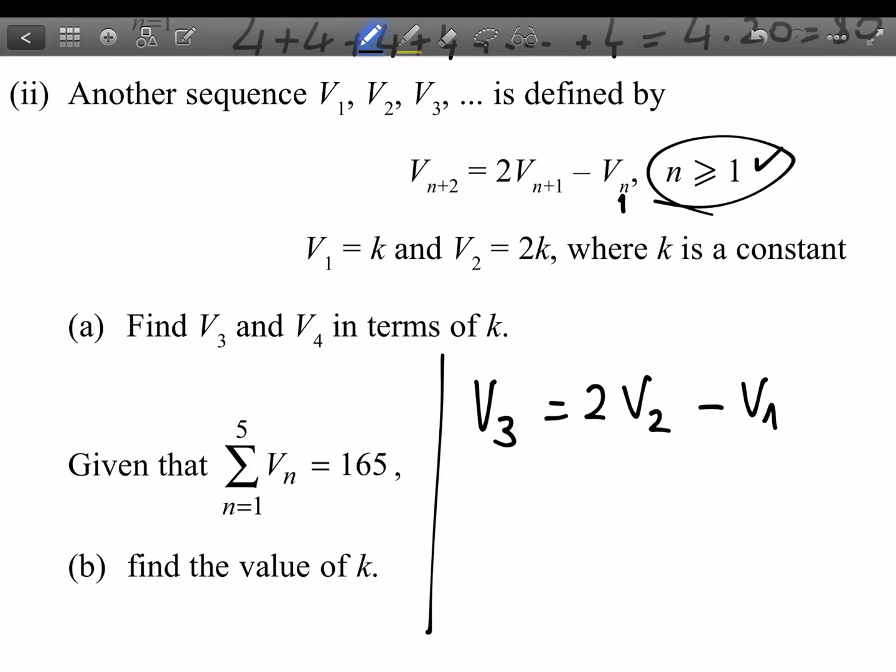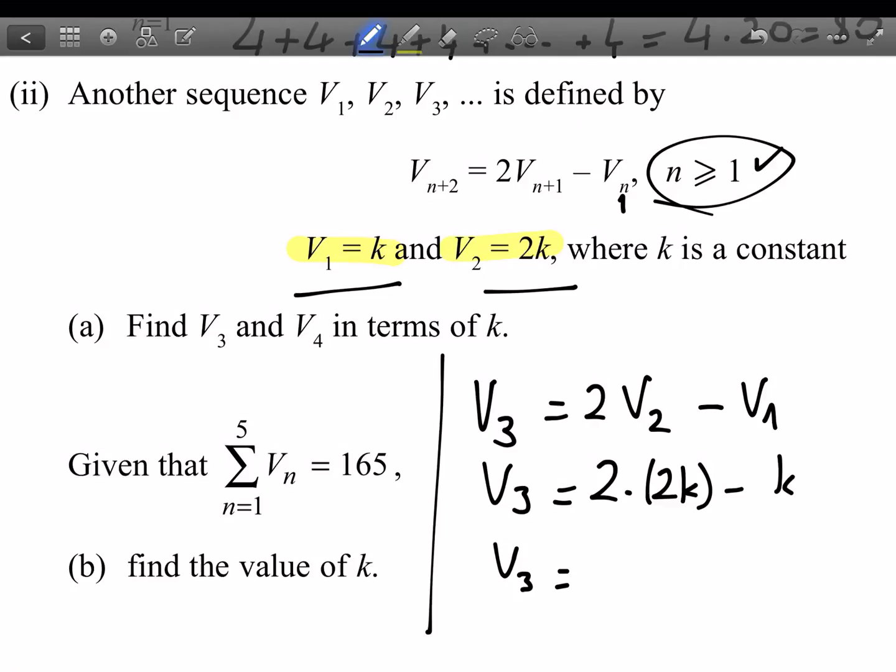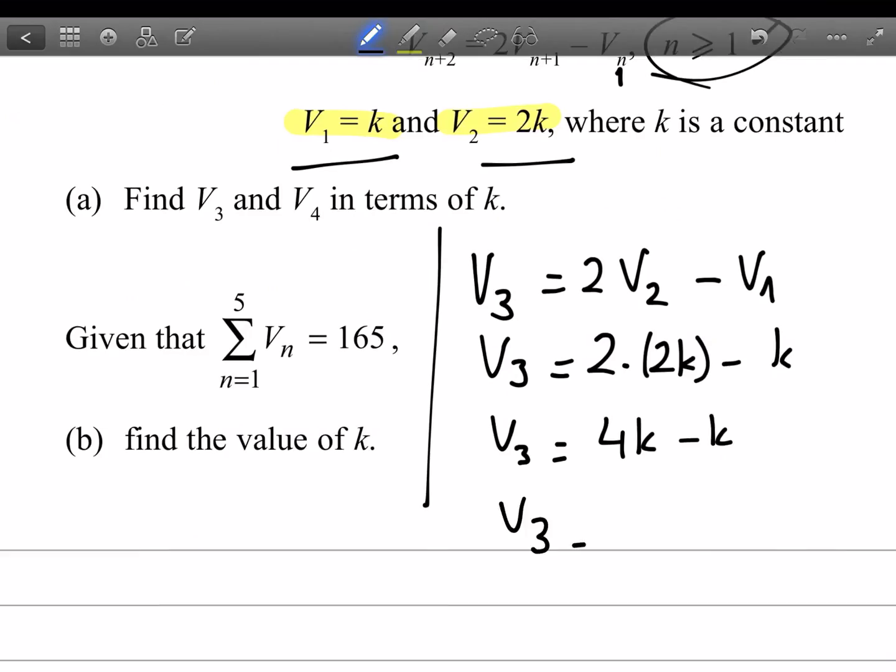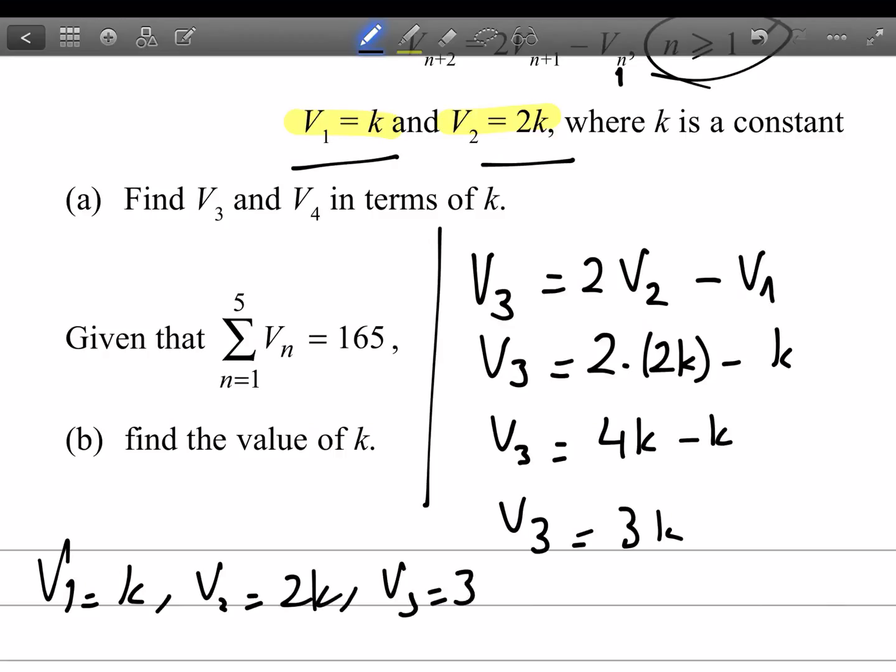And we have v1 as k, v2 is 2k, 2 times 2k minus k, because v1 is k, v2 is 2k, and v3, let's calculate it. 2 times 2k is 4k minus k, v3 will be 3k. As we see that v1 is k, v2 2k, v3 3k, and respectively v4 will be 4k.